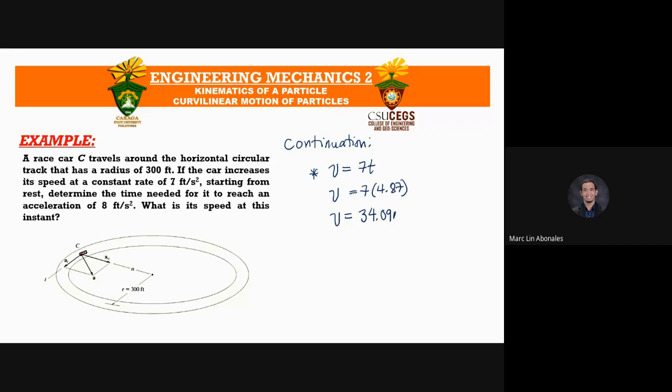So since atong unit is naka-feet, so that would be in feet per second. Okay? So that is the velocity of our race car and also the time, which is 4.87 seconds.